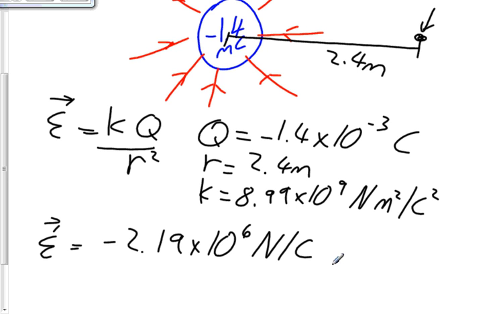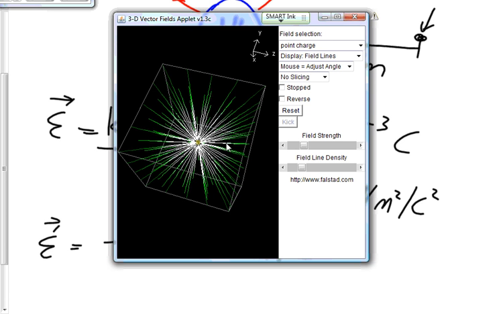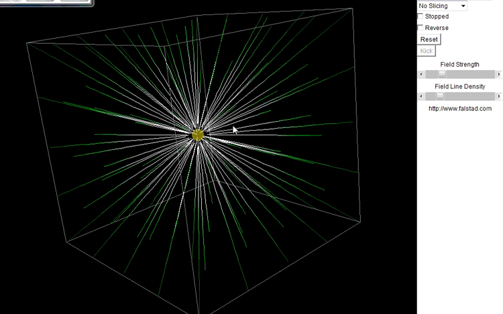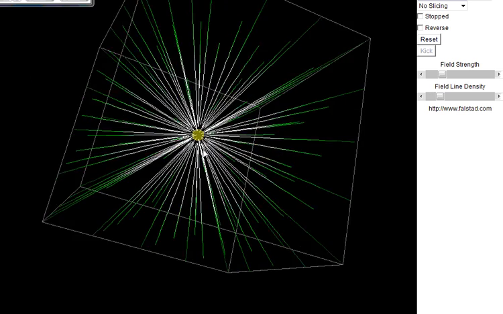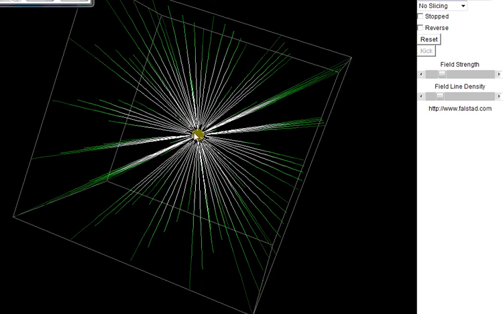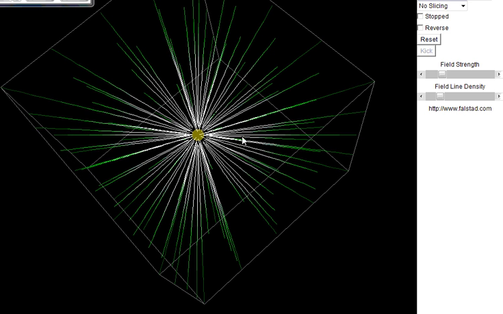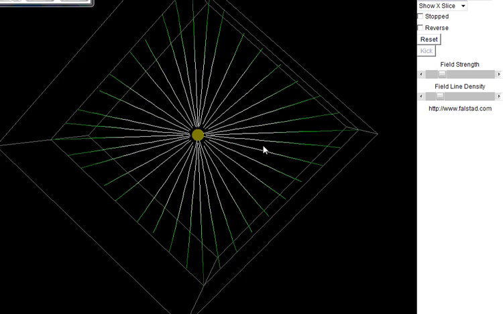And something else I can draw your attention to that's kind of neat is that, of course, electric fields, just like gravitational fields, actually work in 3 dimensions. So what I have here, yep, that should work pretty nicely for us. We have a charge here, and all sorts of different field lines coming off in 3 dimensions. It's probably pretty hard to see at first, so let's just show it in 2 dimensions to begin with.